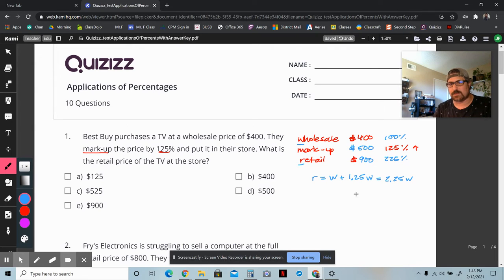Now, what's that equivalent to? It's the same as 2.25 W, or 225% of 400. If you were to multiply 2.25 times 400, you would get that very same $900. So when it says what is the retail price here, what they're asking you for is this 900. The correct answer is E. That's the retail price. That's what they're selling the TV for.